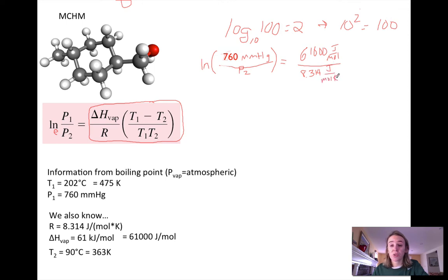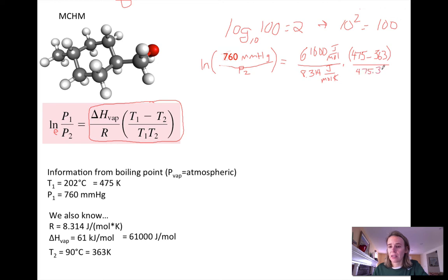So you can see how joules per mole is going to cancel out with joules per mole, but we'll do all the canceling in a little bit. That's going to be multiplied by this temperature expression here. We've got 475 minus 363, over 475 times 363.